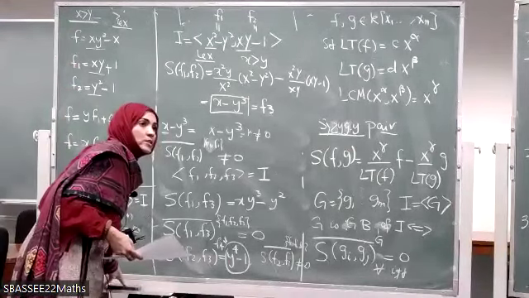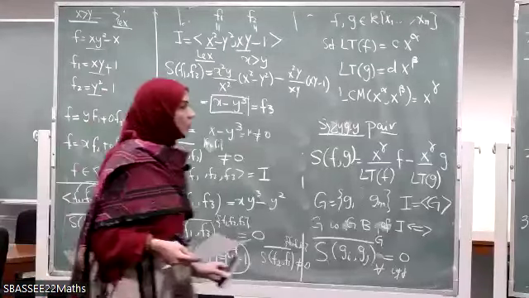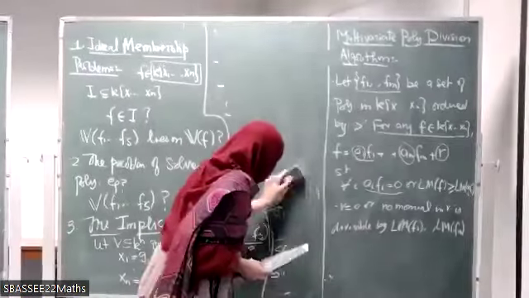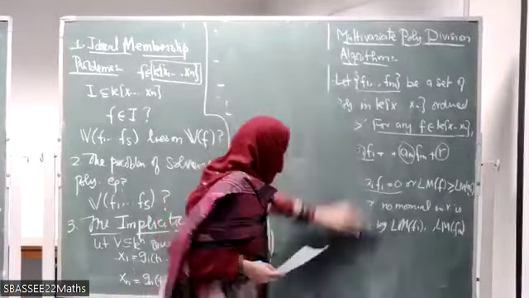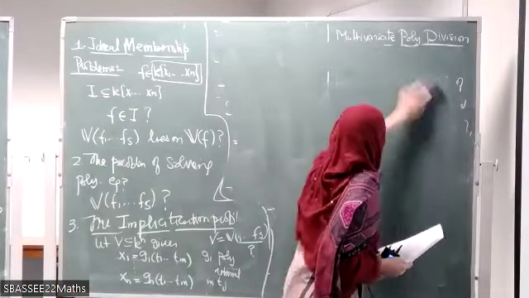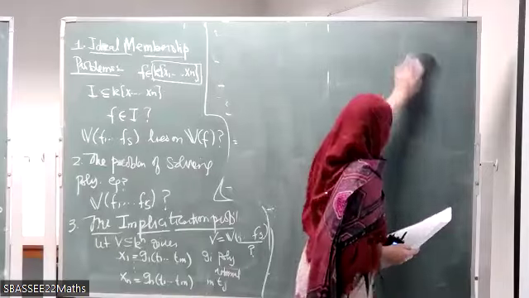Okay, if there is no question, let me just go with these problems. I think we have answered the first problem, the membership problem, because it's solved directly by the Gröbner basis.